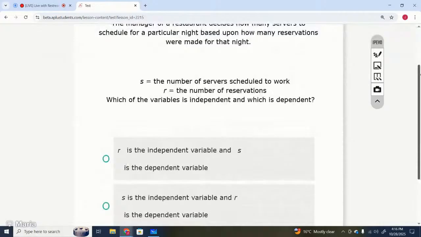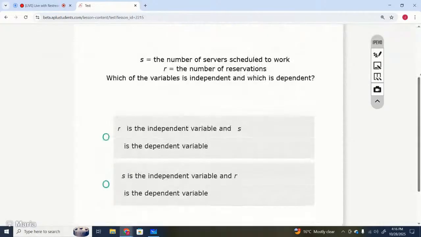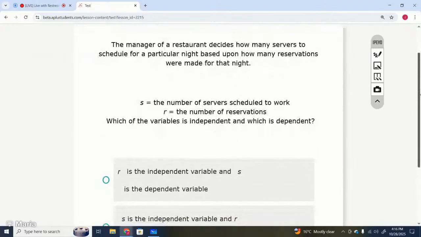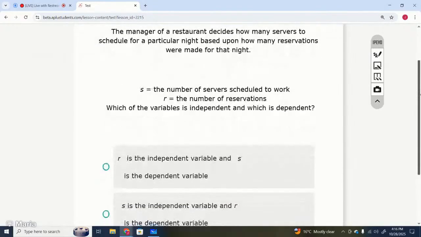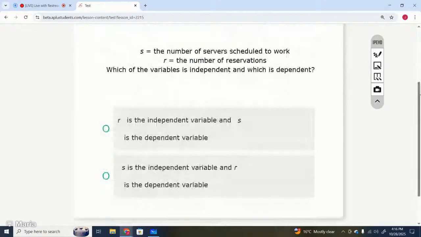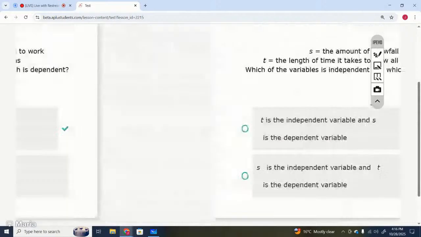S equals the number of servers scheduled to work and R equals the number of reservations. So, which of the variables is independent and which is dependent? The number of servers is dependent on the number of reservations. So, R is the independent and S is the dependent variable.